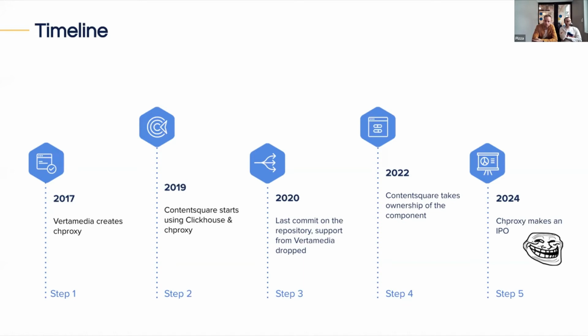But it didn't bother us because we had all the features that we needed at the time. Although in 2021, something changed that led us to choose a different direction and take the ownership of Chproxy and invest in it in 2022. You may ask what's coming next, and so the target is an IPO in 2024.